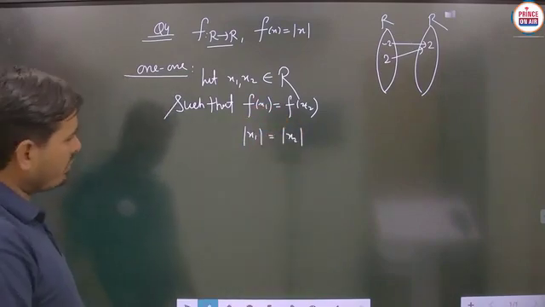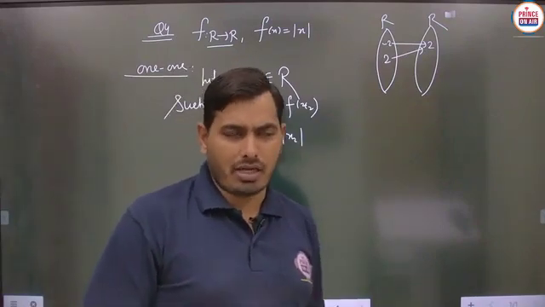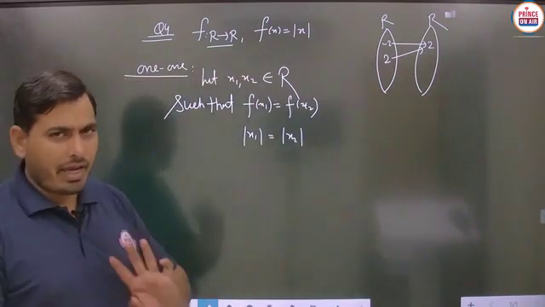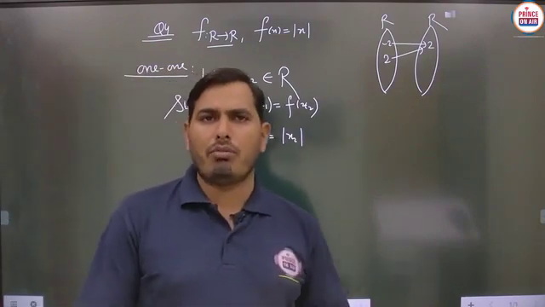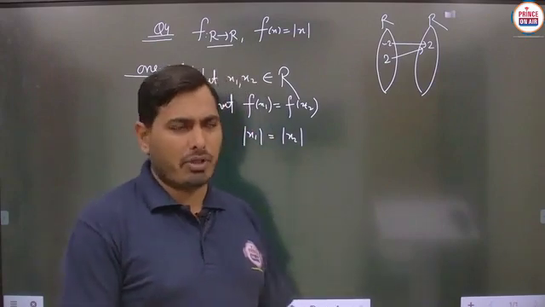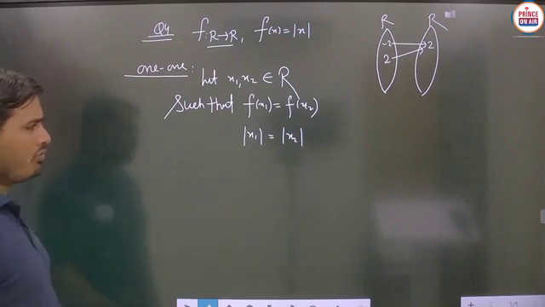When one modulus is equal to another modulus, we cannot say that x1 equals x2. Sometimes it may happen, for example when both numbers are positive. So if x1 and x2 are both positive, then x1 equals x2.